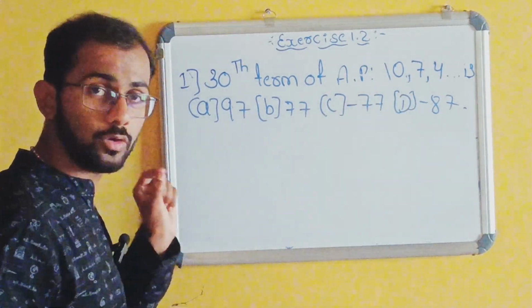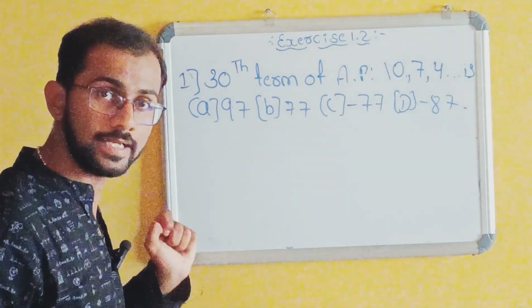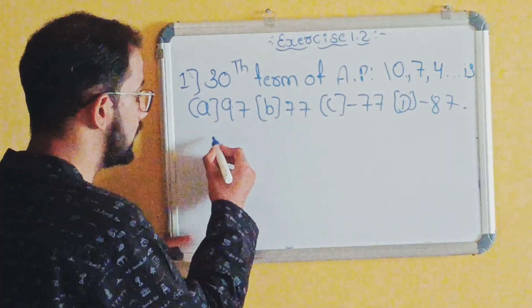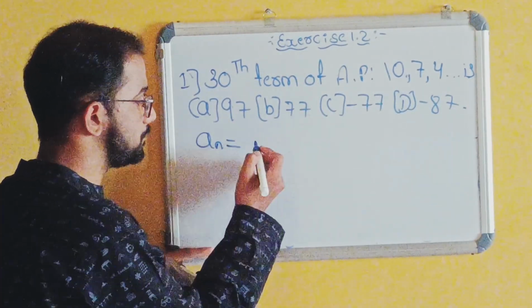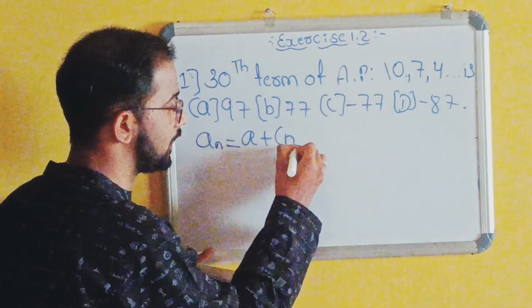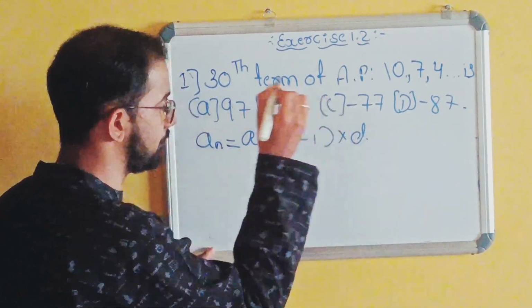Let's see. In order to find the 30th term, we need to consider the formula: an equals a plus n minus 1 into d.